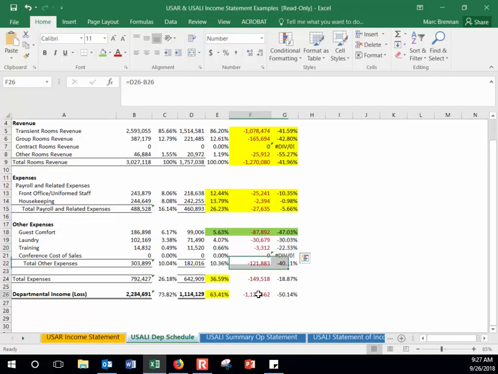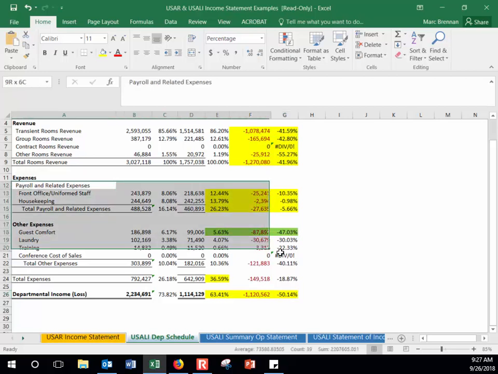Okay? And then if you take a look here, this is a big problem right here. Our revenues went down by 42%, so we should naturally expect a 42% decrease here. We actually experienced a 50% decrease in bottom line. That means that somewhere in here, in our expenses, we were spending more.